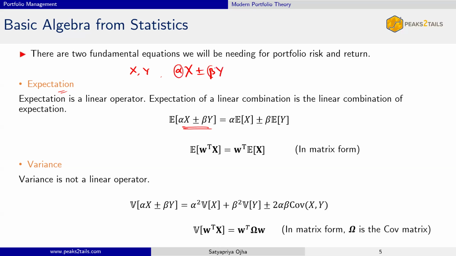Alpha, beta are the constant coefficients, x and y are my two random variables. When you have a linear combination like this, what is the expectation of this linear combination? And what is the variance of this linear combination? Now, these formulas existed much before.